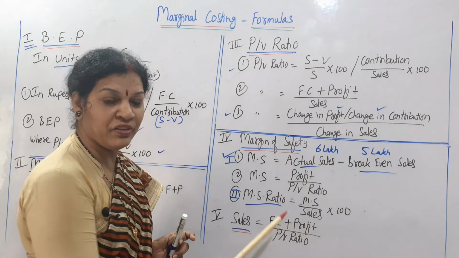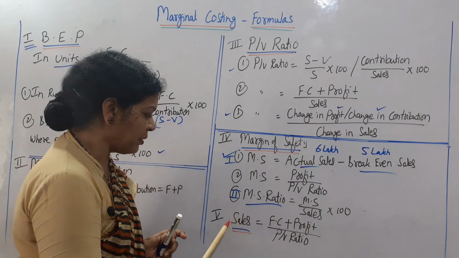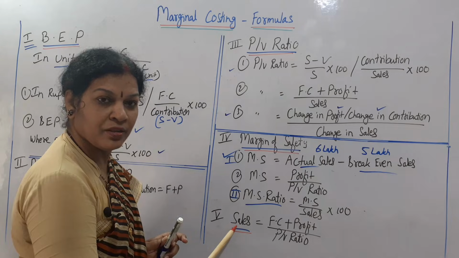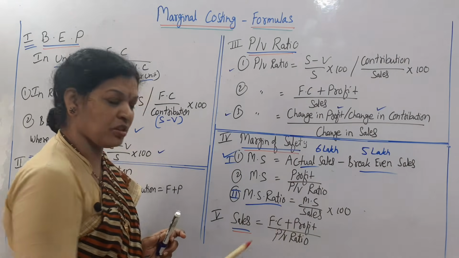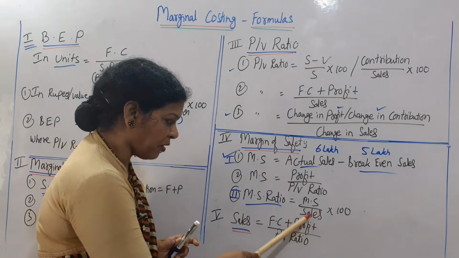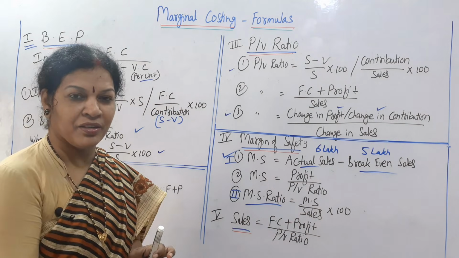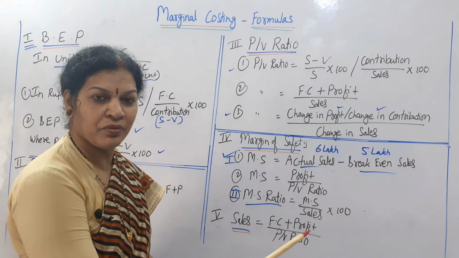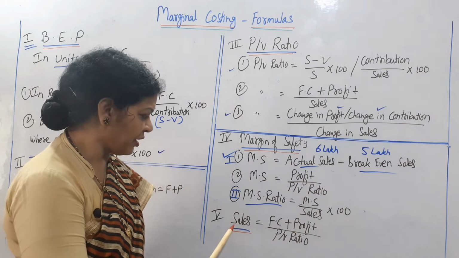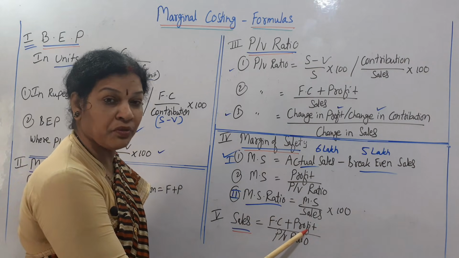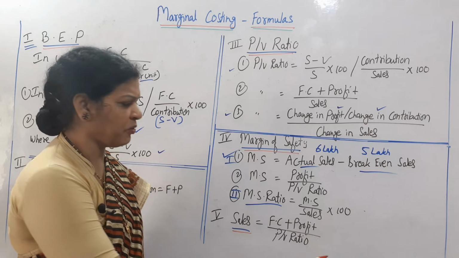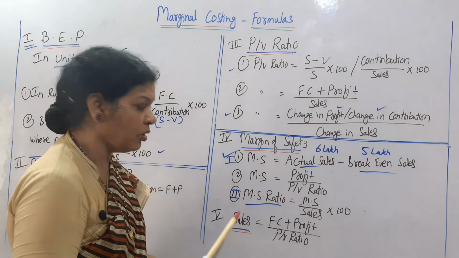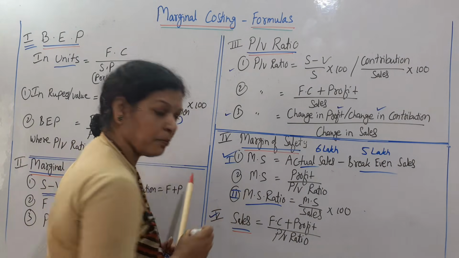Here sometimes sales are missing, and to calculate the sales we can use this formula. Sometimes profit is missing and sales are given. Only one item is missing, so we can calculate it. If you know the rest of the items like sales, fixed cost, PV ratio, and want to find the profit, you can find it using this formula. This is also very much important.